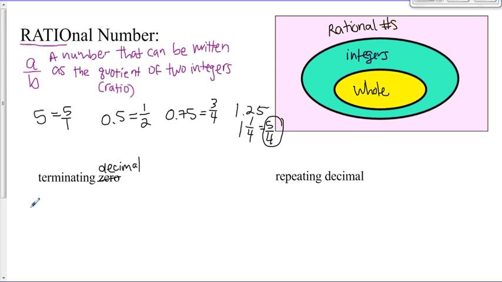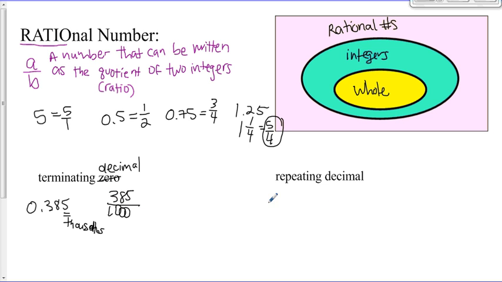So if I had something like 0.385, that can be written as a ratio of two integers because the place value ends, it terminates, and this happens to be the thousandths place. The thousandths place, right? And so then I've got 385 over 1,000, which is just the ratio of two integers.